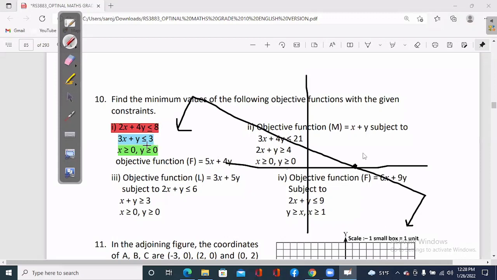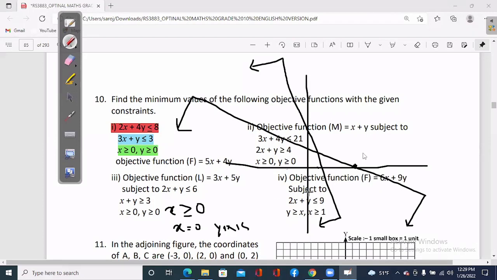And the second inequality: 1 will be here and 3 will be here. The second inequality will be somewhere like this way. I am not sure, but roughly this is, and it will also be towards the origin. And you can see the third inequality is x is greater than 0. Last time I already told you x greater than 0 means the boundary x equals 0, and as you all know, x is 0 means the y-axis.